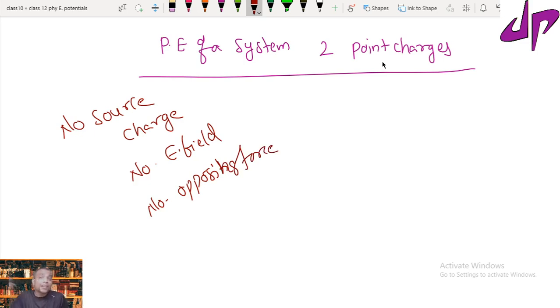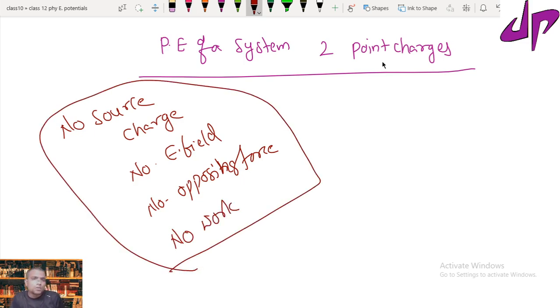If I bring a positive charge from infinity, I can bring it freely because there is no source charge. Because of the absence of the source charge, there is no electric field. If there is no electric field, there is no opposing force. If there is no opposing force, there would be no work.